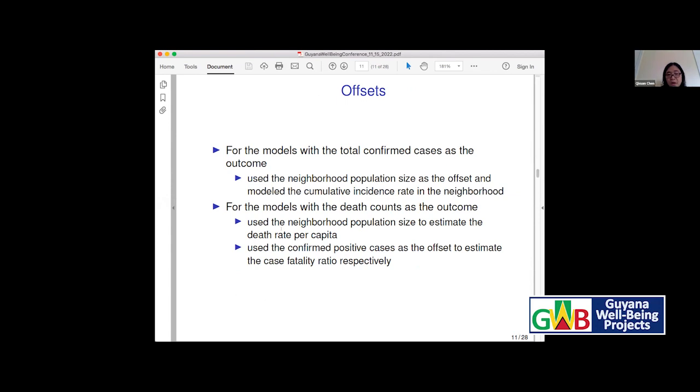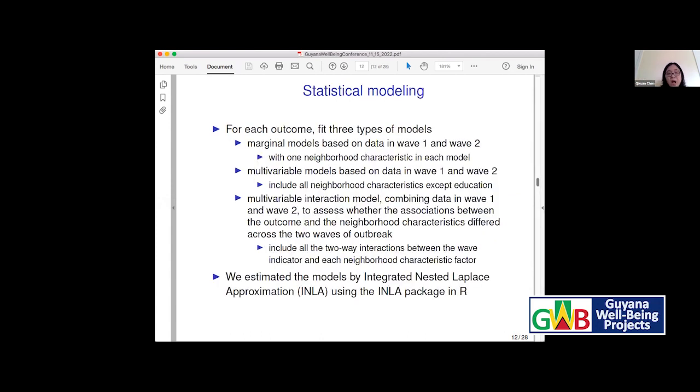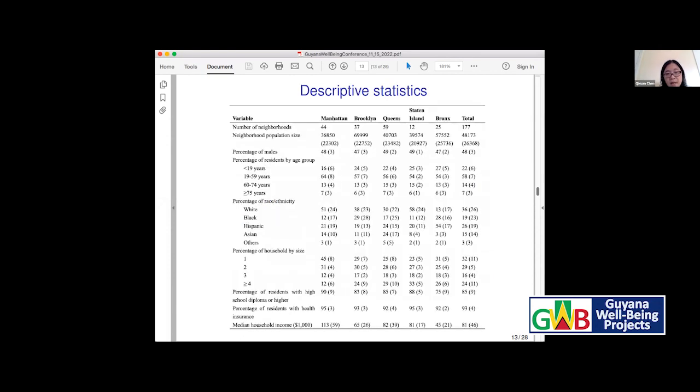But if we use the confirmed positive cases as the offset, so the total number of deaths divided by the total number of positive cases, then this is called the case fatality ratio. For each outcome, we fit a marginal model, a multivariate model, and then also an interaction model. Because of time concerns, I will move on to the results section.